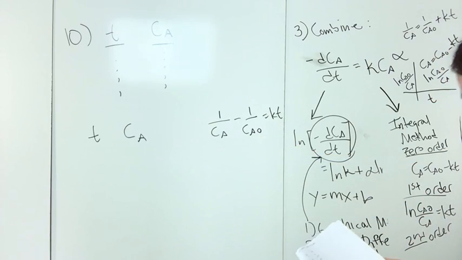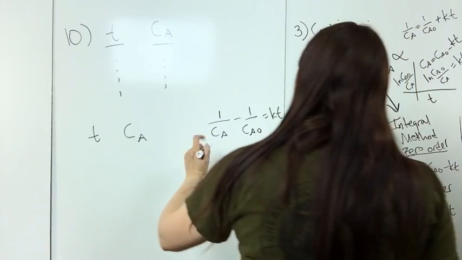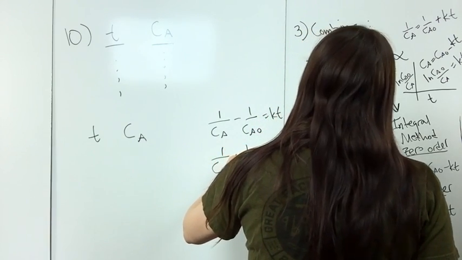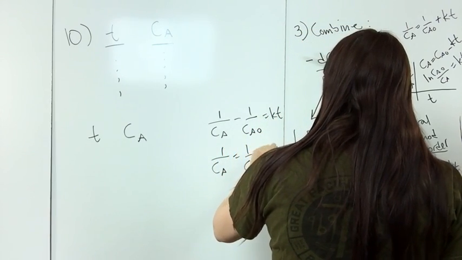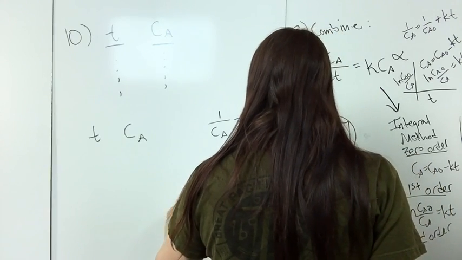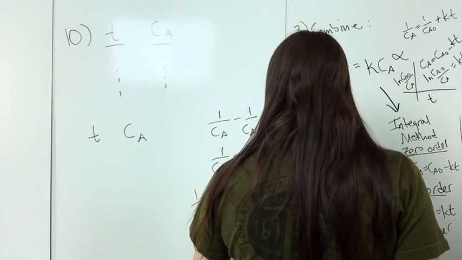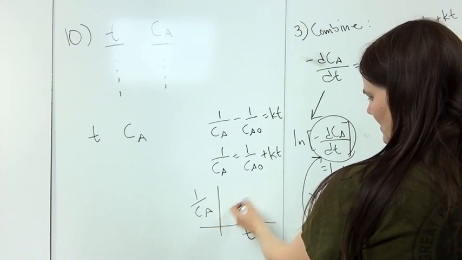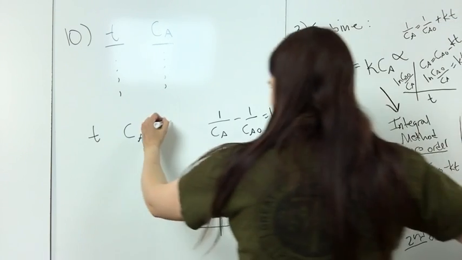he came up with this equation. So then we can plot, like if I rewrite this as 1 over CA is equal to 1 over CA naught plus kt, then what you want to do is plot 1 over CA versus t. So I would have another column here.